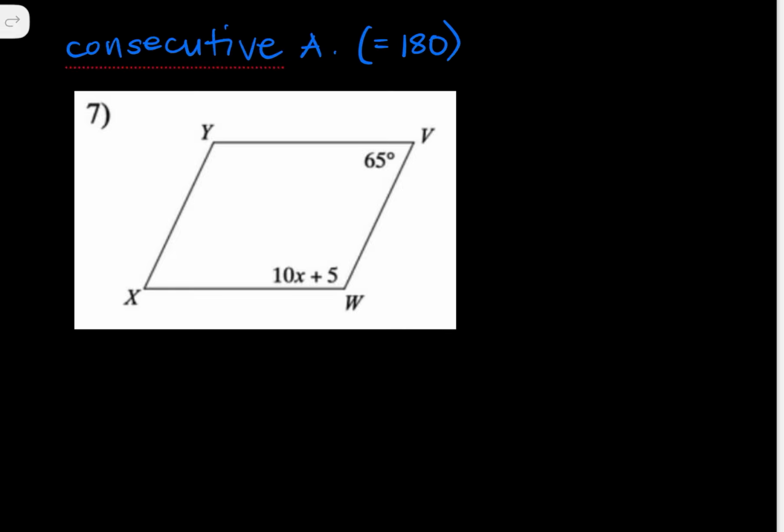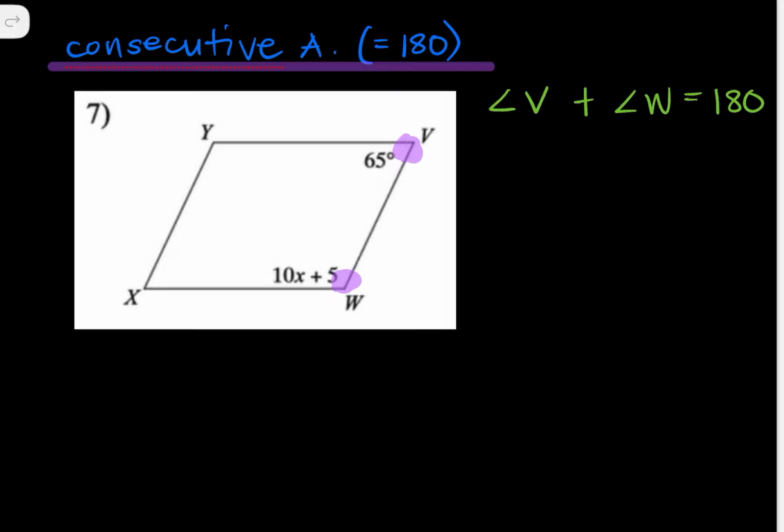So to solve for the value of x, we can set up our equation by adding angle V plus angle W, which is equal to 180, because this angle is supplementary to this angle. They are considered consecutive angles.